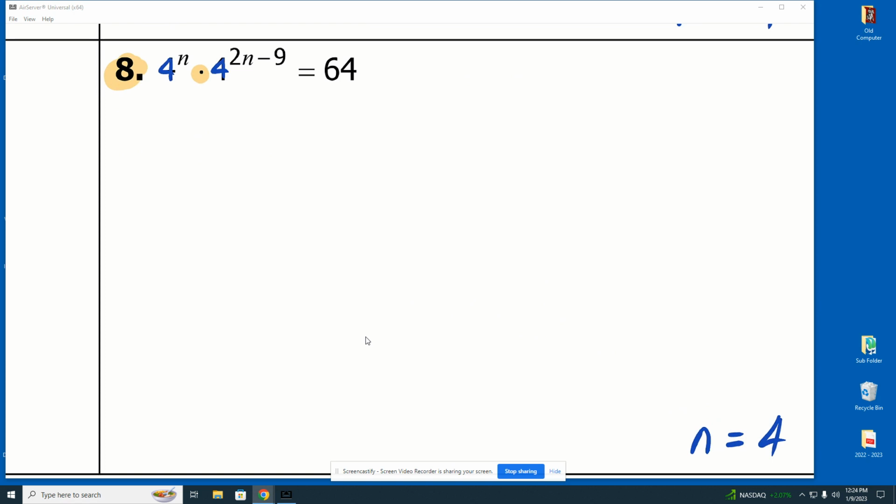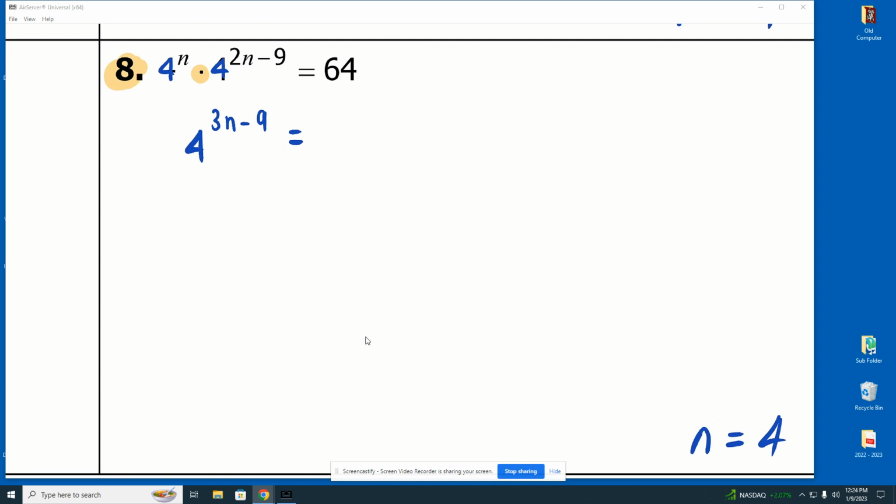Be careful, because those are numbers, 4 and 4, not x or variables, and a lot of times people will try to change those. But here's the rule: when you multiply and your bases are the same, the base stays the same and we add our exponents. So n plus 2n, which is 3n. I'm left with 4 to the 3n minus 9 power.